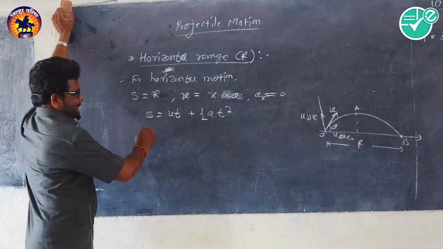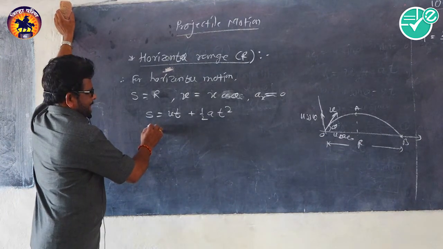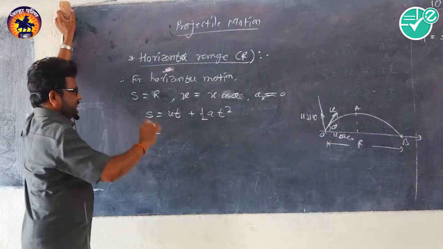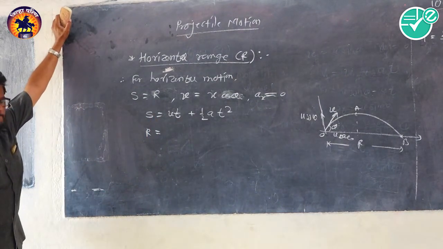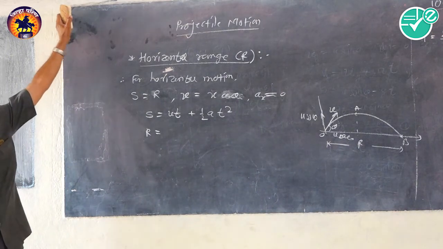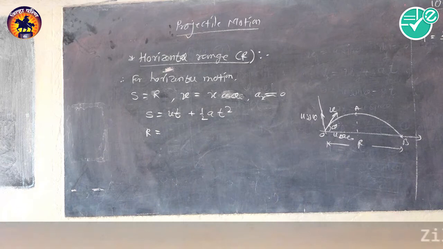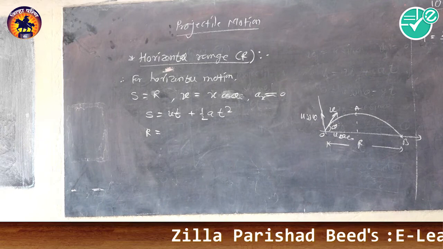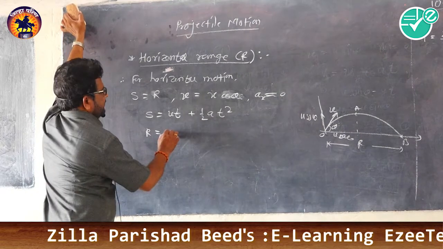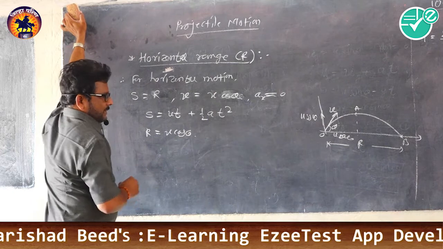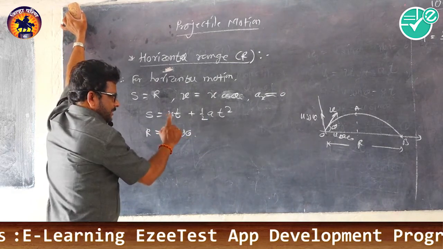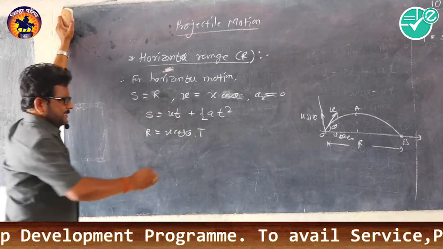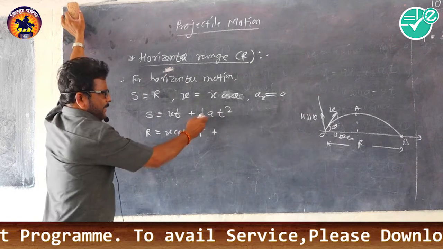Here S, that is the R, u, that is u cos theta, and for this complete motion, the time taken is the time of flight t, plus half a t square.